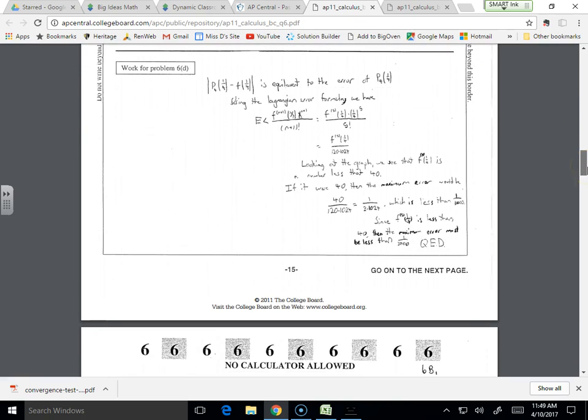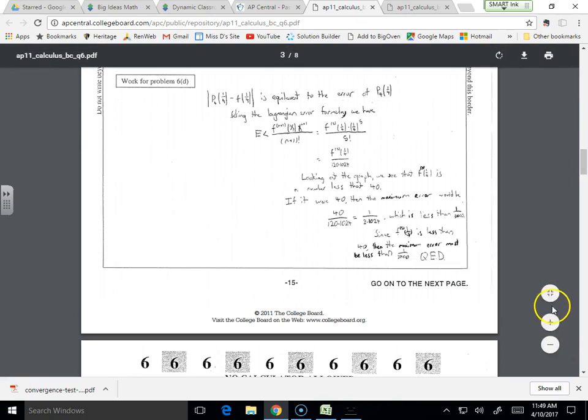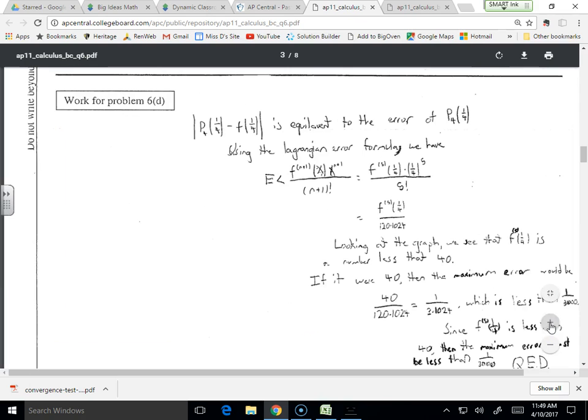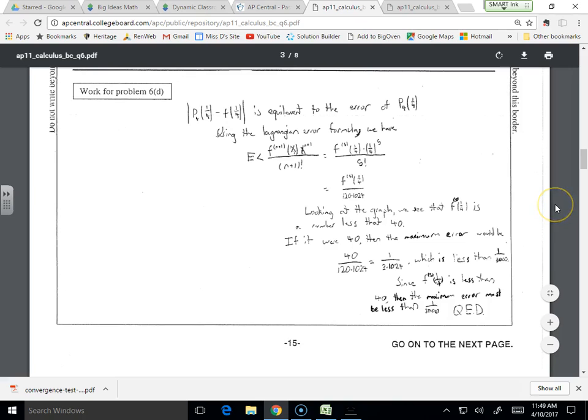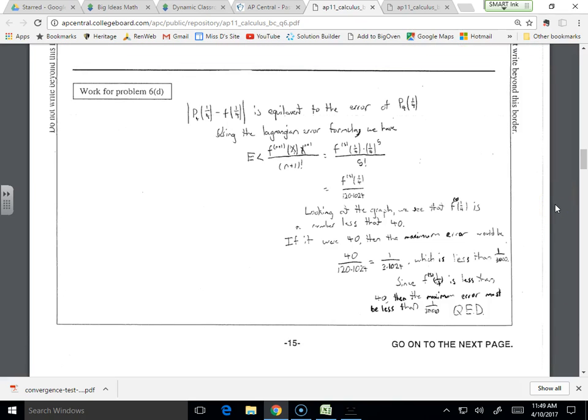This kid got a 9 out of 9. His explanation was totally sufficient using Lagrange. He used error is less than. They gave it to him. He didn't say z or max, but you guys are gonna be safer than sorry, right? He said he could use that 1/4 because he saw the increasing nature of the graph, and that was fine.